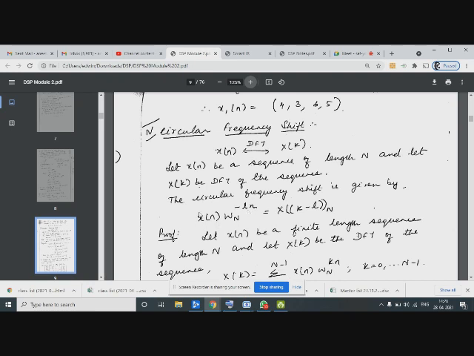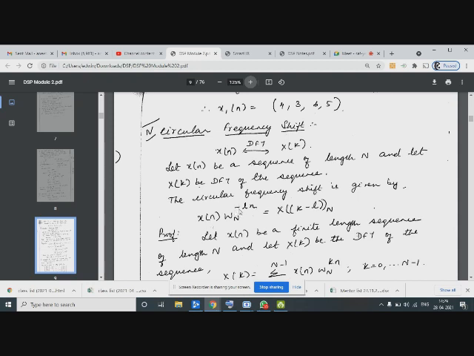So how do we prove this relation, x of n W_N power minus L n? The DFT of this is nothing but the shifted value in the frequency domain. If the time domain is multiplied with the twiddle factor, there is an equivalent shift in the frequency domain. Similarly the reverse.